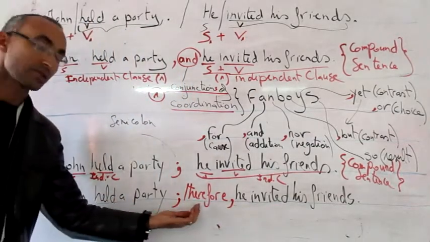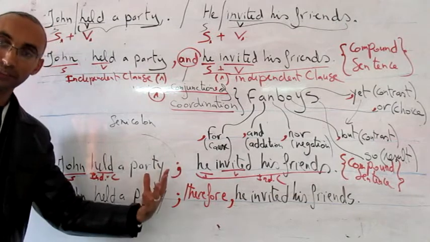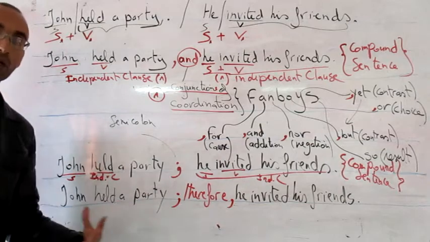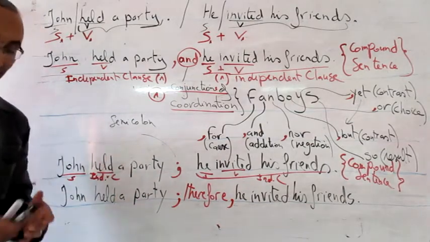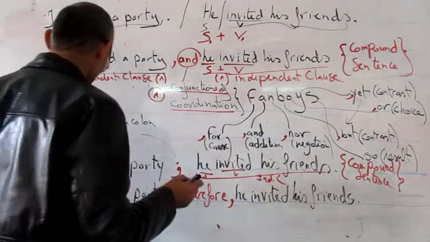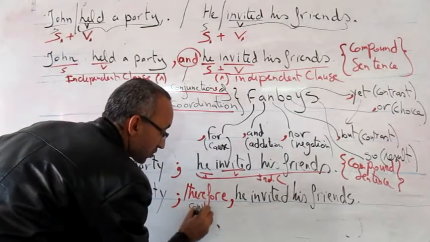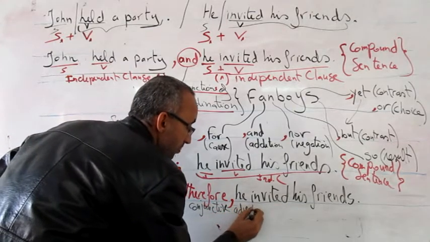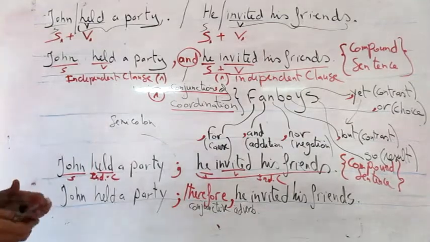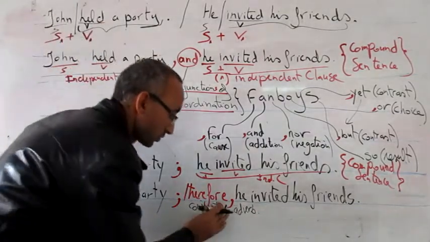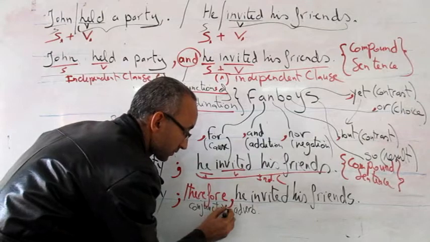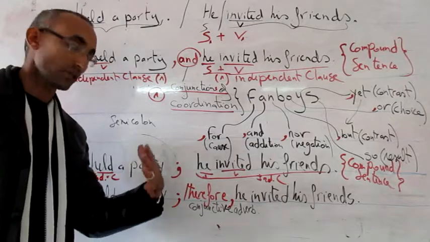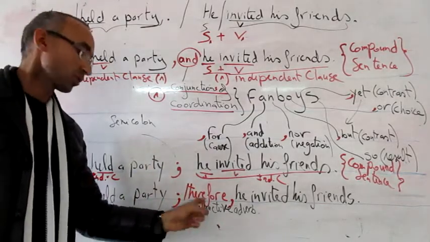Now what is therefore? Therefore is another, third joining element with which we can form also compound sentences. And it's called what? Conjunctive adverb. And we have also a long list of these conjunctive adverbs.